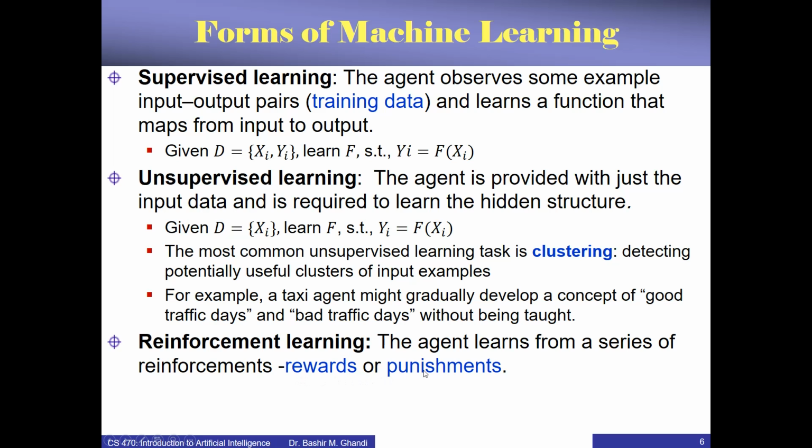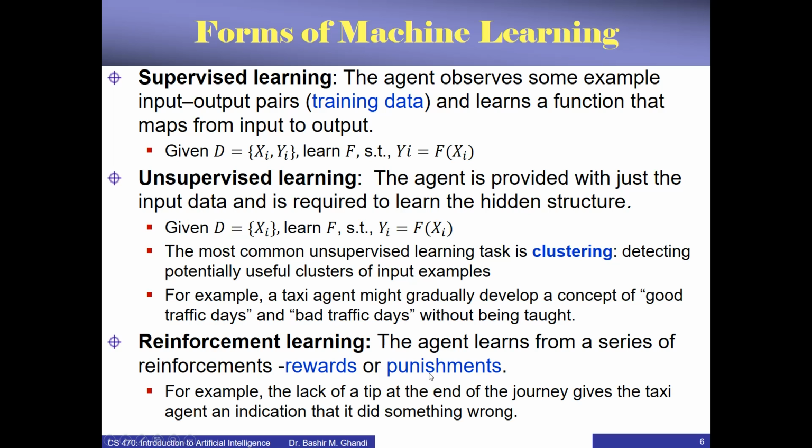So based on this kind of input from maybe a human user, the agent will gradually know what actions are good to take and what actions are not good to take. Okay, for example, the lack of a tip at the end of the journey gives the taxi agent an indication that it did something wrong.